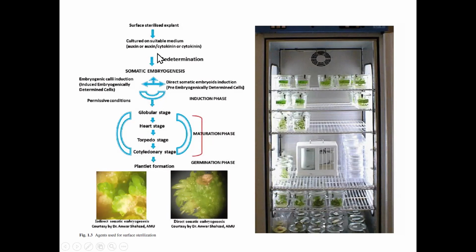And then when you culture on medium containing some hormone, you will get somatic embryogenesis. That is, cells will profusely grow, and first you can get the callus, and then cell differentiation will take place, first the globular structure, then the heart stage.